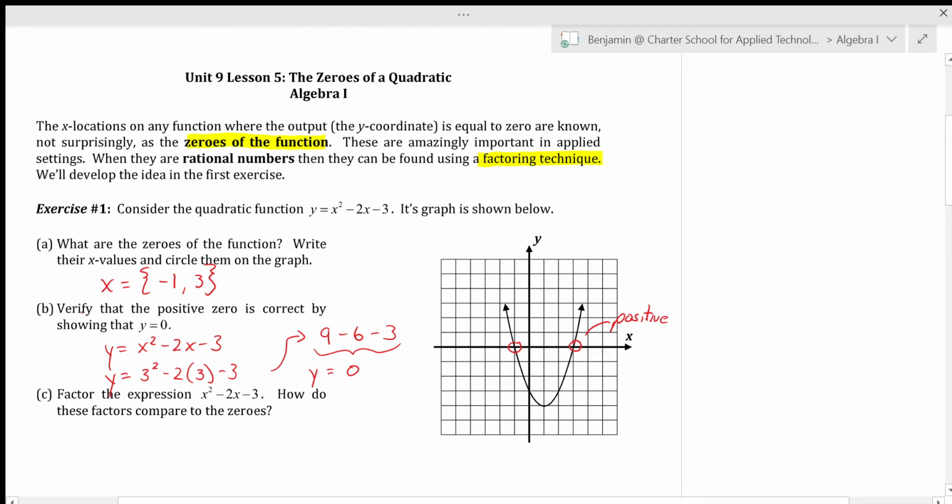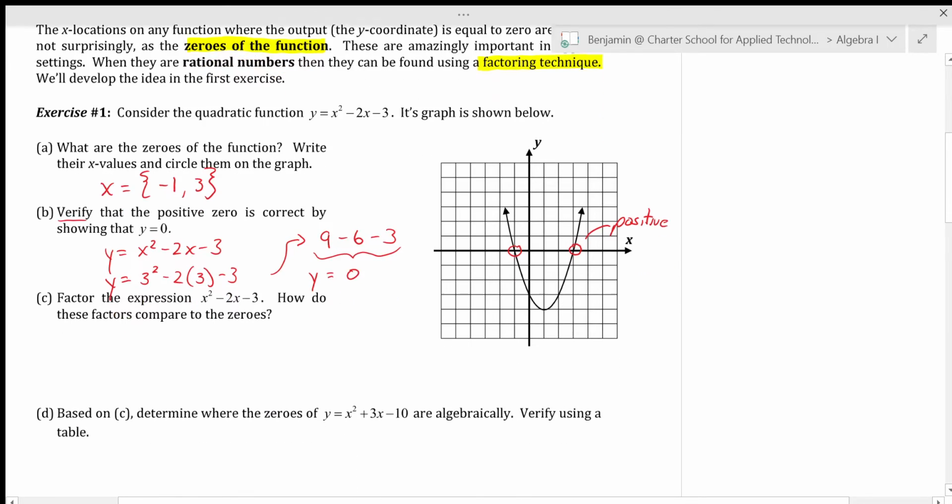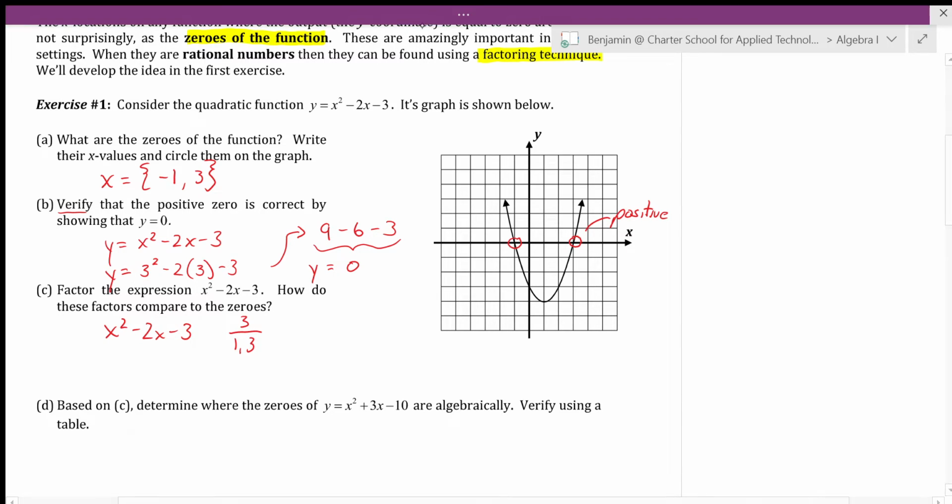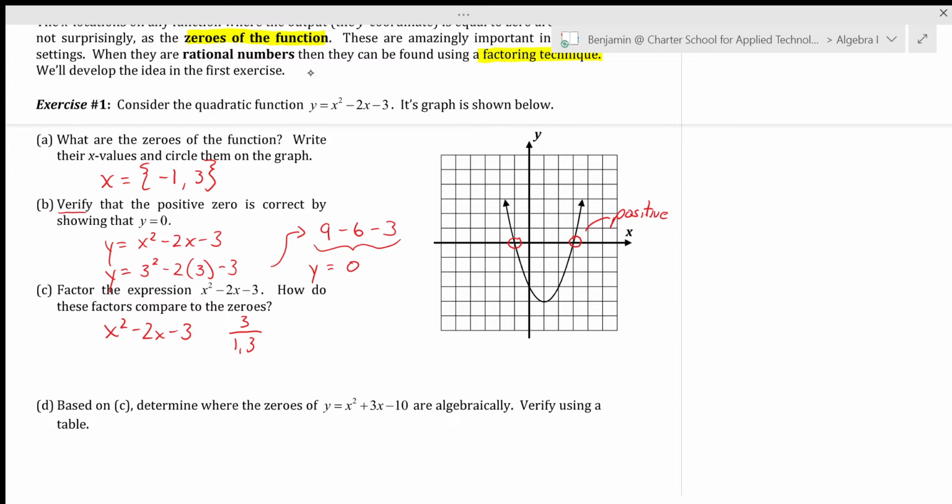We just verified. Verify means to prove that you're right. Now factor it. To factor x squared minus 2x minus 3, we write down the number 3, and we write down the factors of 3, which are 1 and 3. All you have to do is figure out if it's true. Since we have a -3, you are subtracting your factors to get the 2.